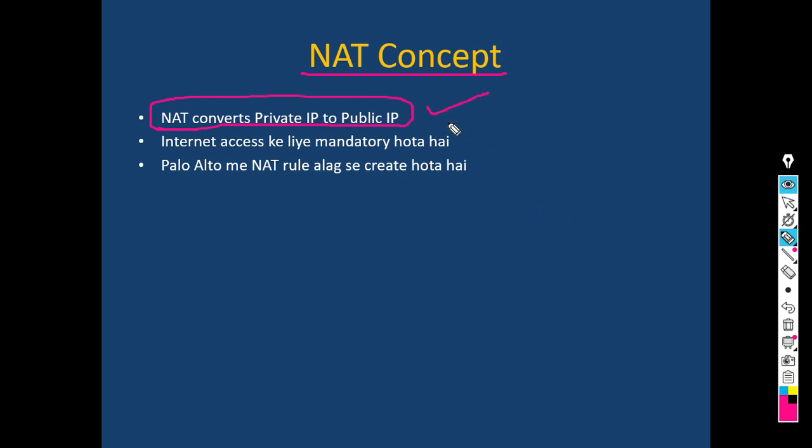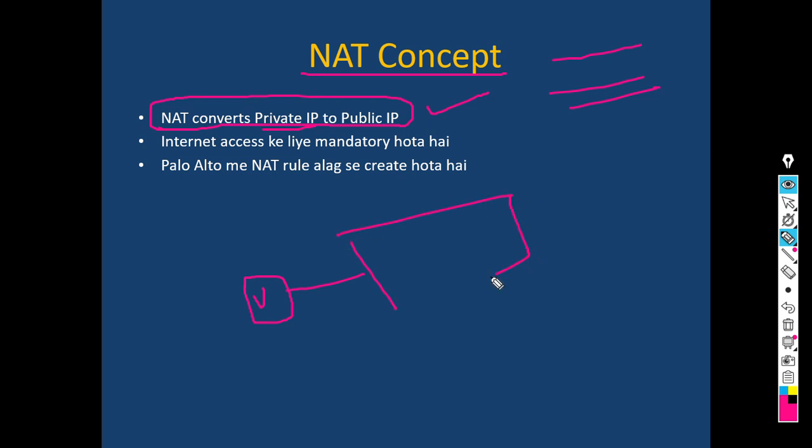Whenever a user tries to access any public website over the internet, NAT translates the private IP into a public IP. We need to define the NAT policy, and there is an option to define it on the firewall. On the basis of the NAT policy, it translates private IP addresses into public IP addresses. How does it do this? Let's suppose there is a user.